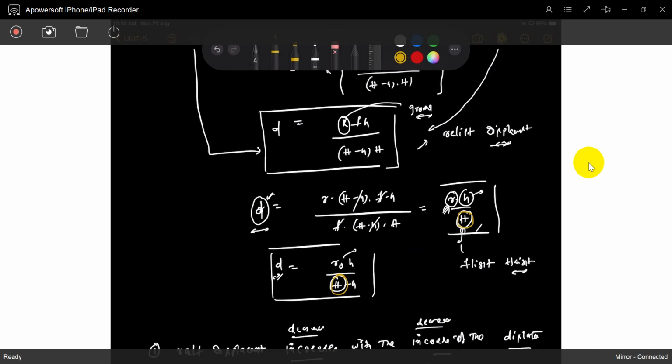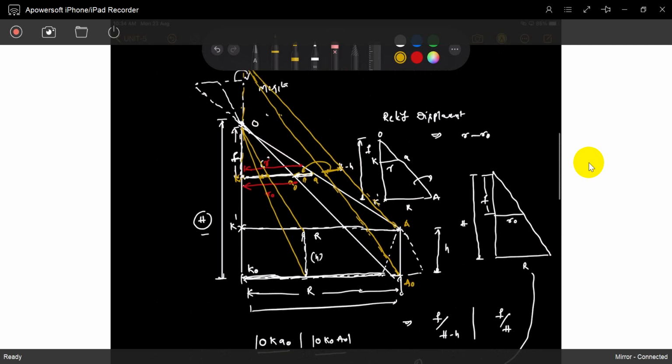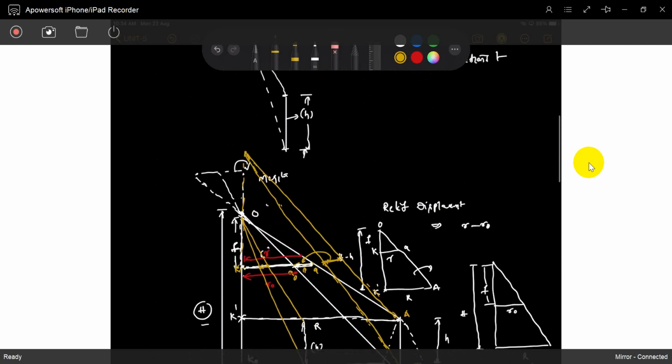So at a certain level you can capture photographs and identify the top and bottom of the same object on the photograph. If the height is increasing, the bottom and top points may nearly coincide, because the relief displacement is decreasing.